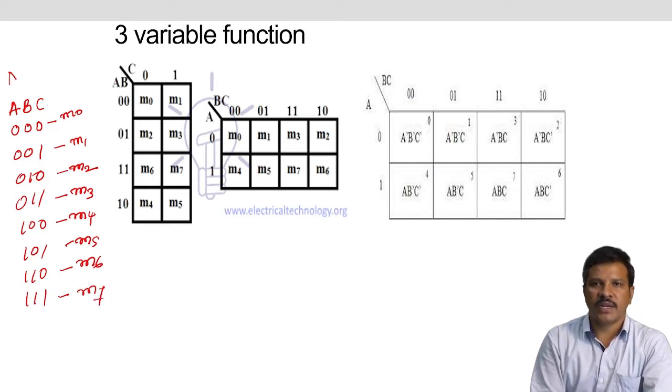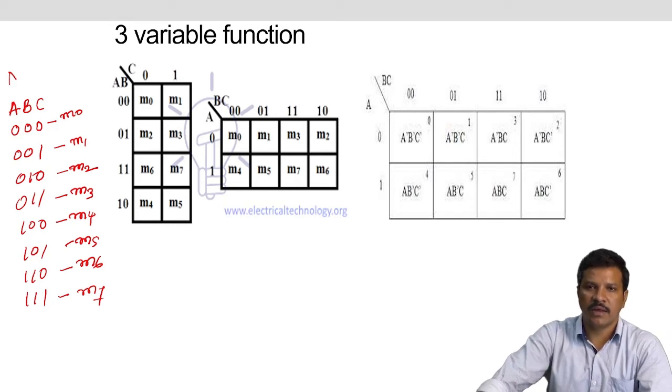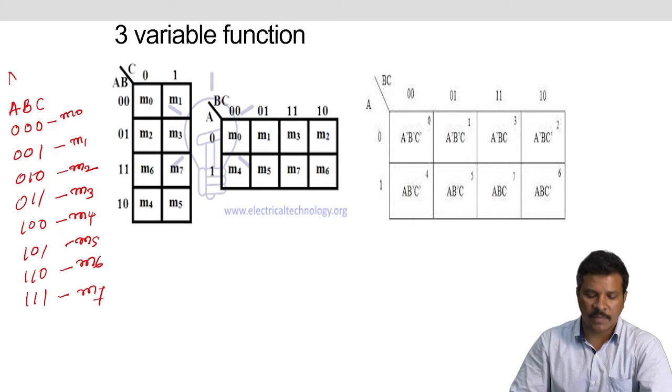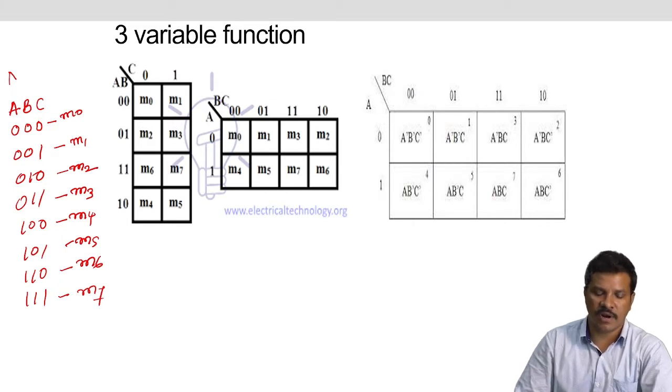In this minterm representation for the 3 variables, 1 can be represented with the unprimed form, and 0 can be represented with the prime, the complement variable. So 7, which is 1 1 1, is nothing but A B C, the product of A B C. Now this can be represented in a 3 variable function.